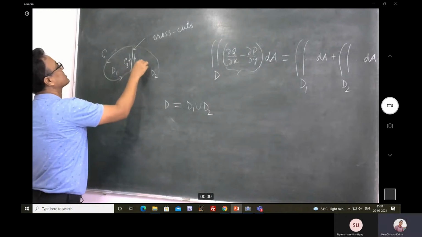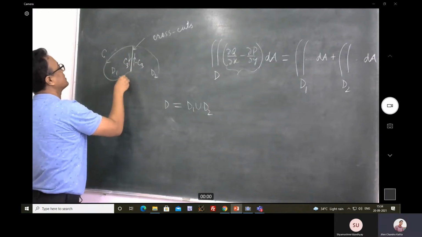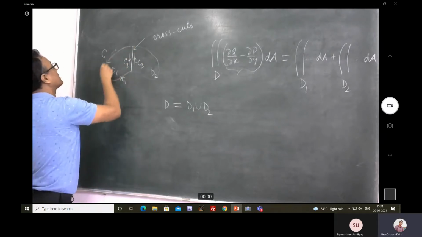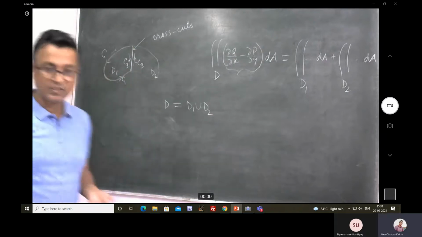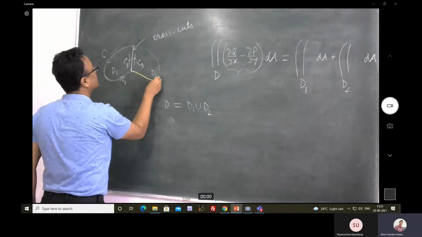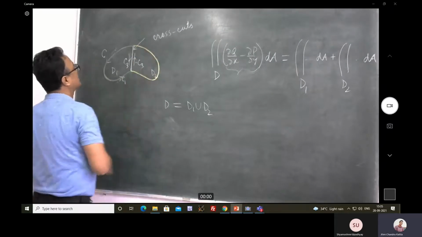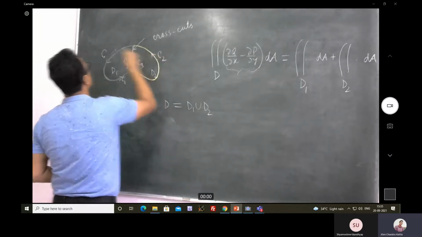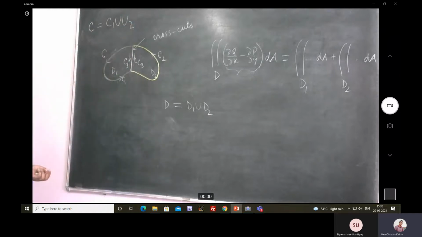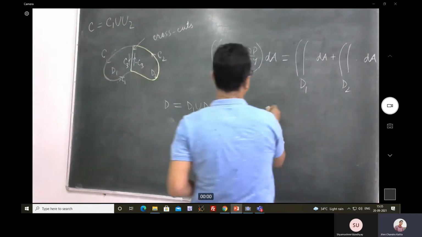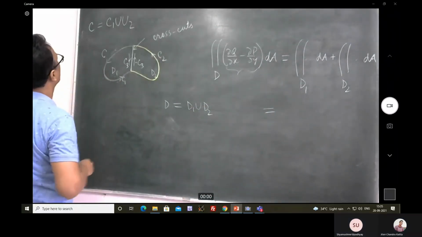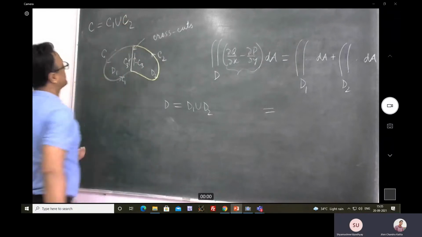Let me call the green part of the curve C1, and suppose this other part I call C2. So basically, C is the union of C1 and C2. Okay, fine. Sorry, C2. Thank you.